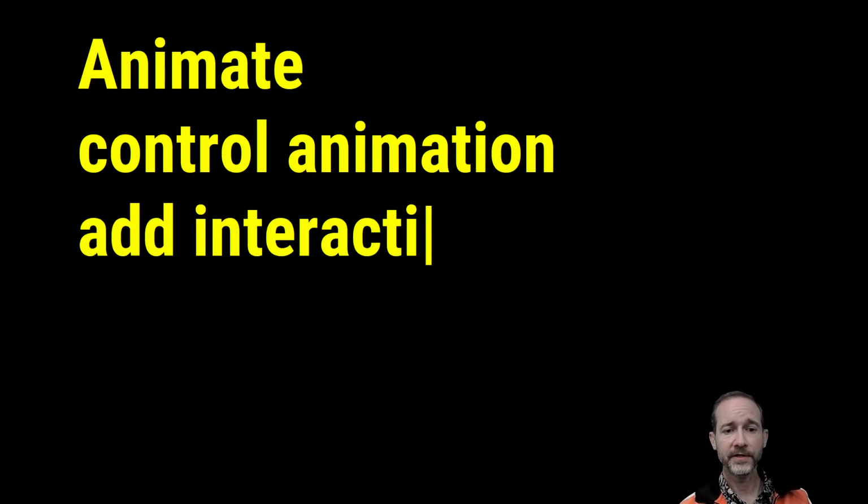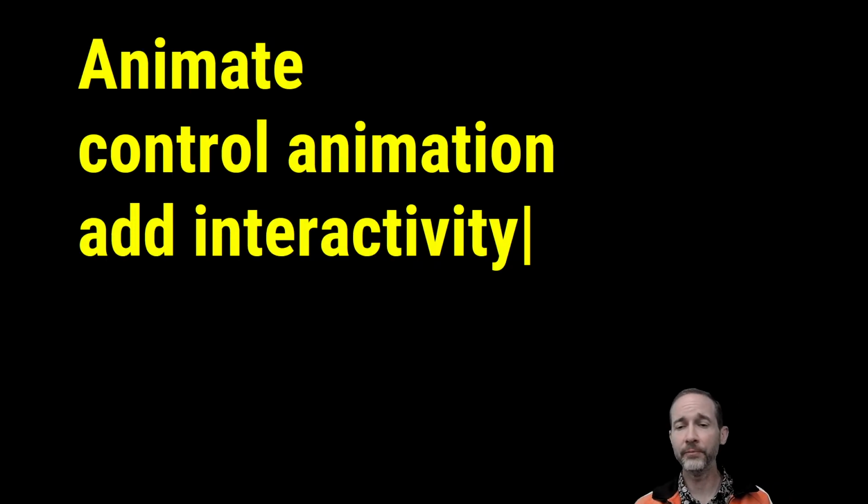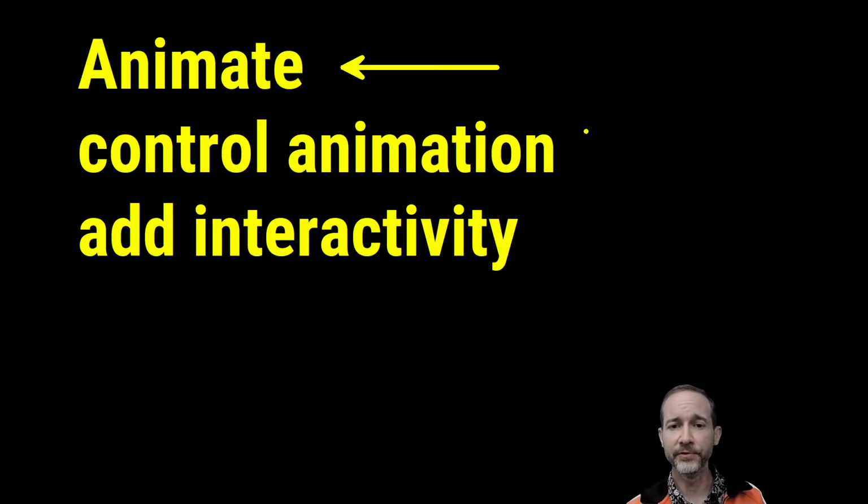How do I think about these things, right? I need to animate, and then I need to control the animation, and then I need to add interactivity to this, right? And so in my mind, while I'm working, I've got some sort of high-level sequence of events that I need to execute here.